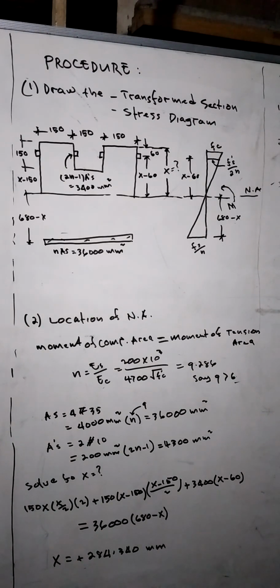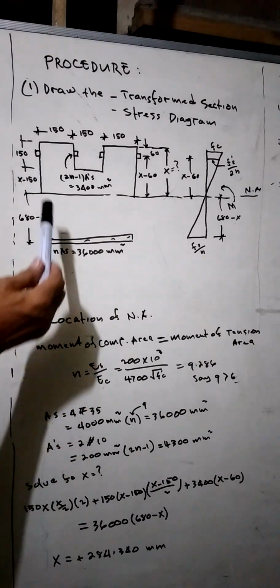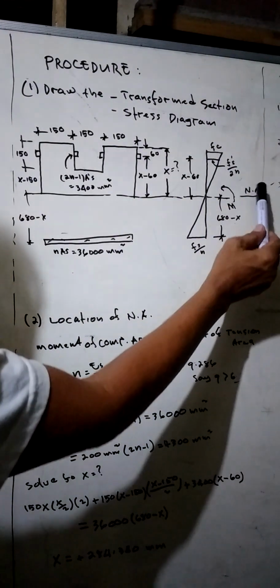Number two of the procedure is location of the neutral axis. Neutral axis here is this one, this line, neutral axis.